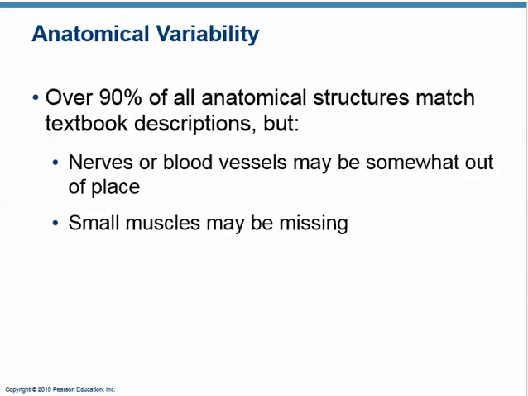A lot of you have a second toe larger or longer than the big toe. Some of you don't. That's all considered variability. In the textbooks, it'll say that the most prominent vertebra is C7, and it is, unless it's T1.